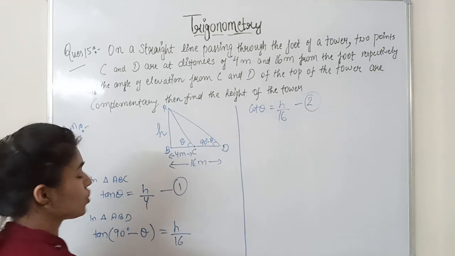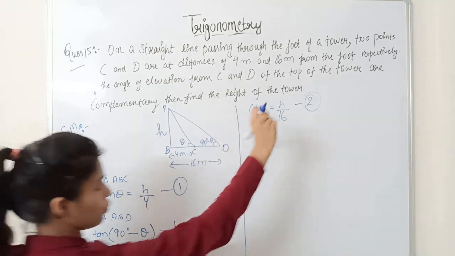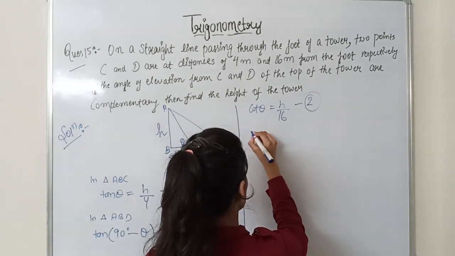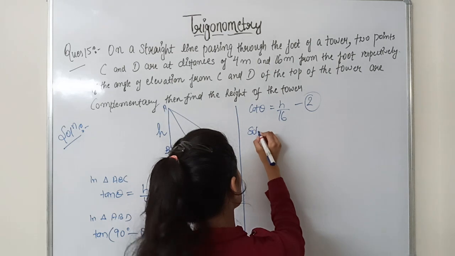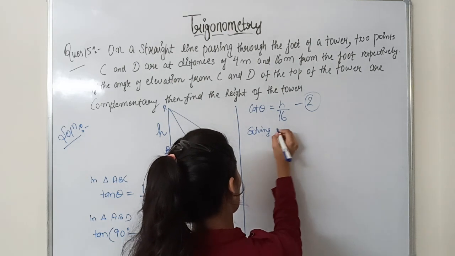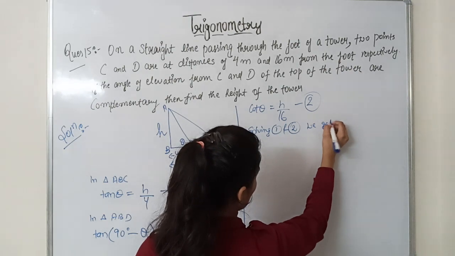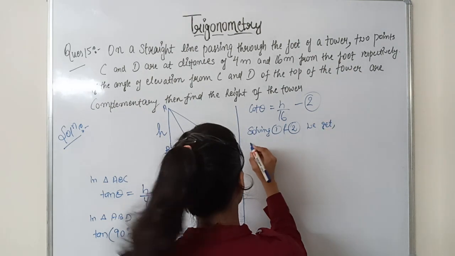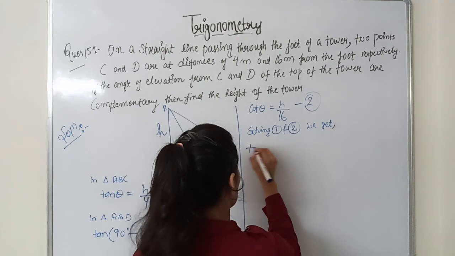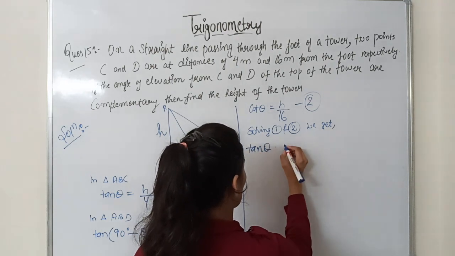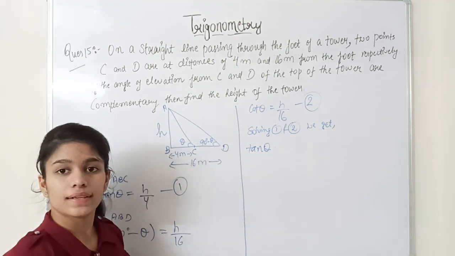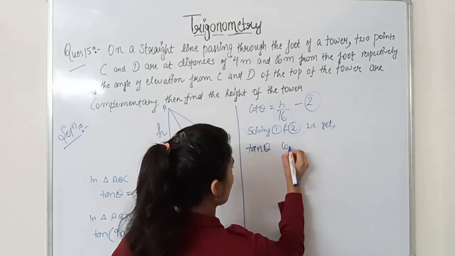After solving equation 1 and equation 2, we will multiply them. Tan theta into cot theta. What is cot theta? 1 upon tan theta.